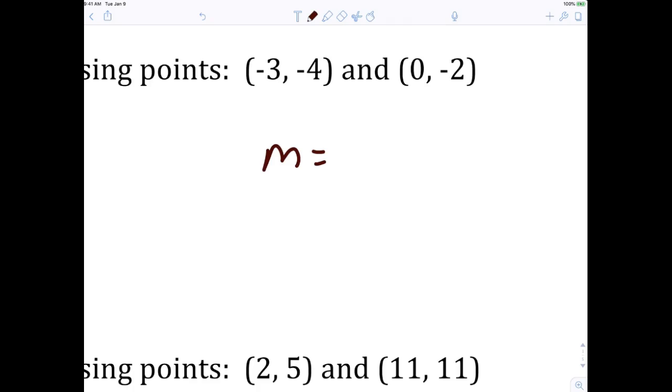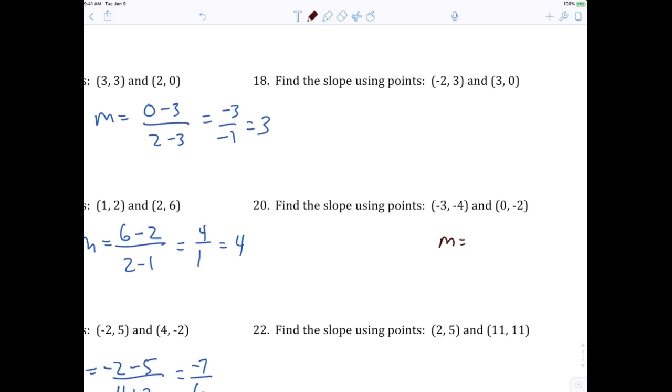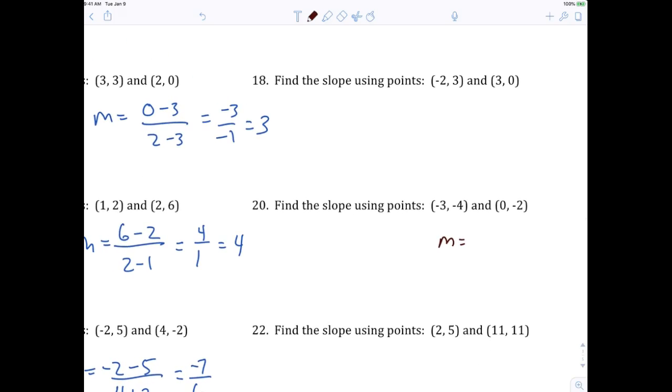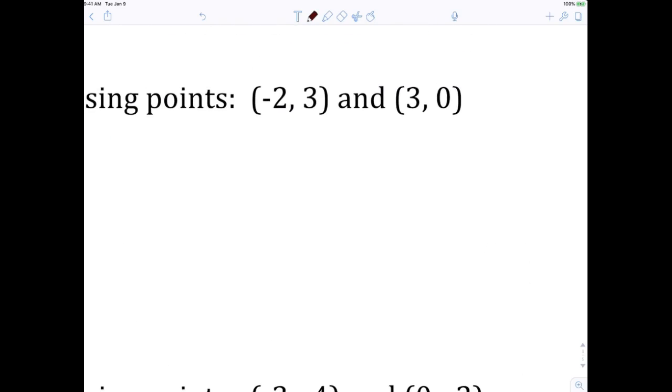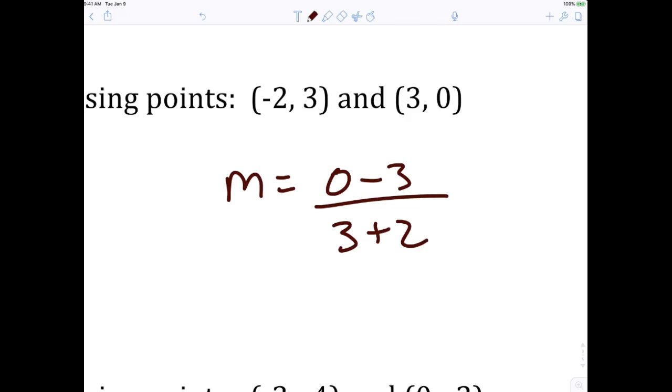That's good. Oh, you're lucky. You were right. Say it again. Sorry. 0 minus 3 over 3 plus 2. Good job. So it's negative 3 over 5. Yay, negative 3/5. Easy. Good job. Okay. Easy. Do you agree? Very simple.